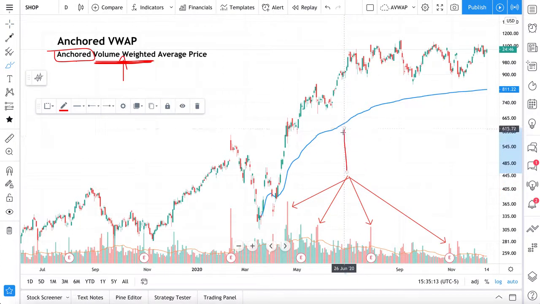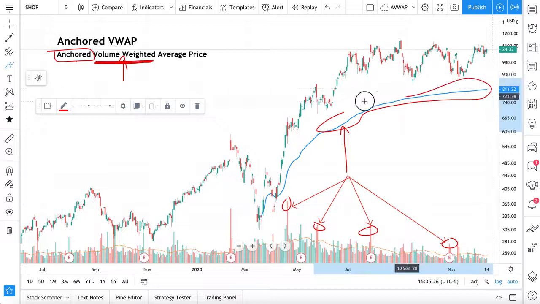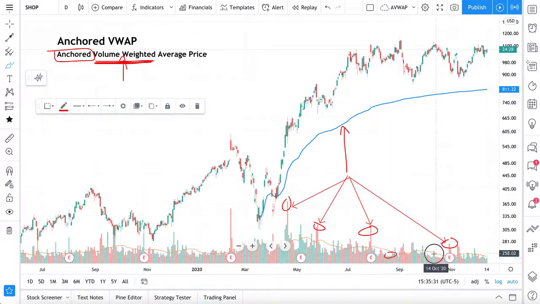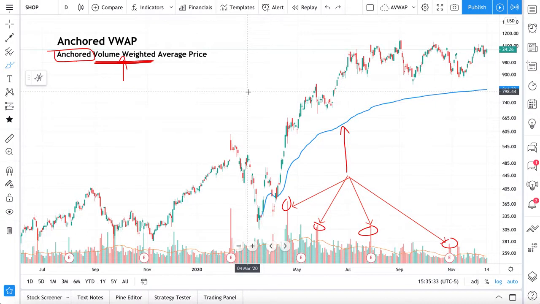What we've done here is each of these arrows is showing you volume spikes, and each of these volume spikes is going to impact the average price shown by this line more than small volume moves like these here or these here. That's really important to know.